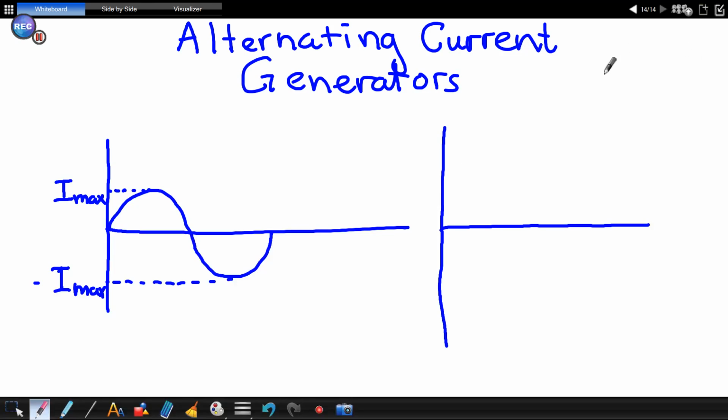So we have V equals I times R, am I right? Where the resistance of the coil would be constant. So the voltage will always be directly proportional to the current.